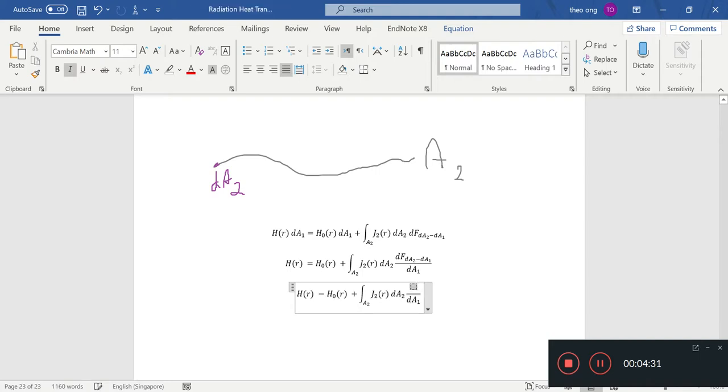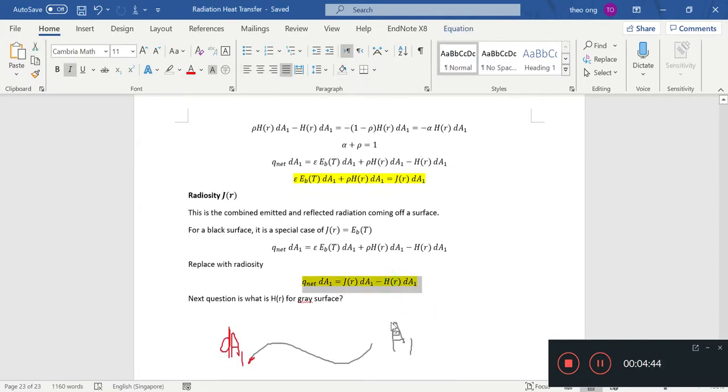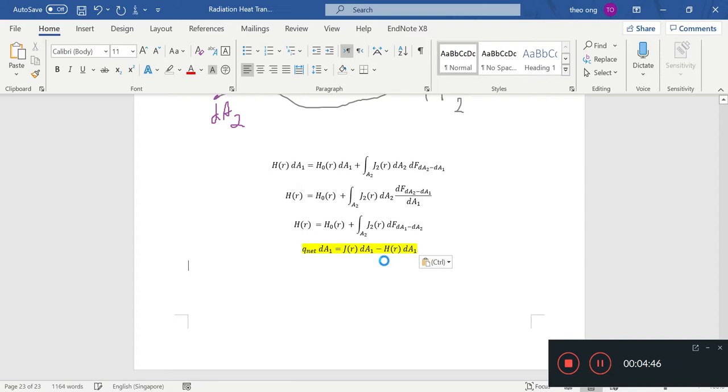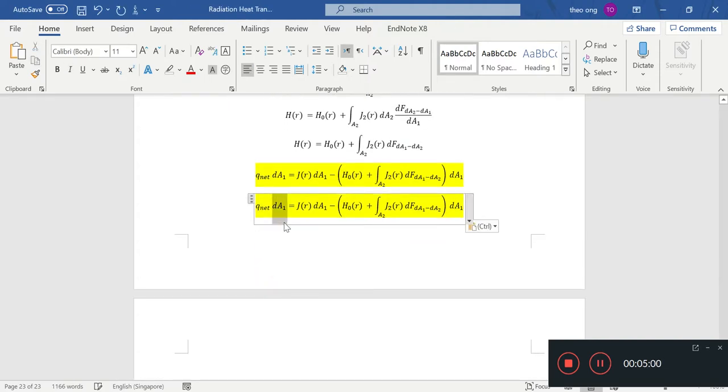This will become our expression for HR if the other side is a gray surface. So we can substitute that in here, then divide throughout by dA1, and we arrive at this expression here.